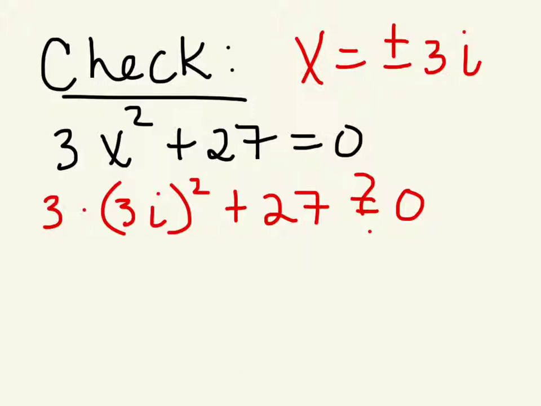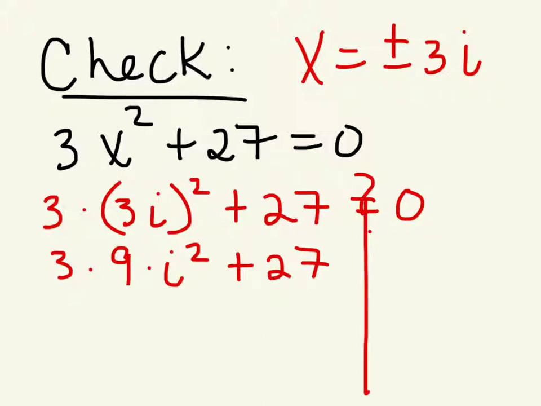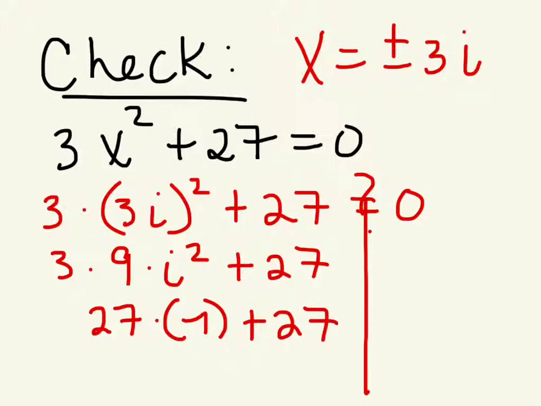Now, we know that 3i squared will be equivalent to 9i squared plus the 27. Again, verifying if this is equal to 0. Since i squared is equal to negative 1, we now can see that negative 27 plus 27 is certainly equal to 0.